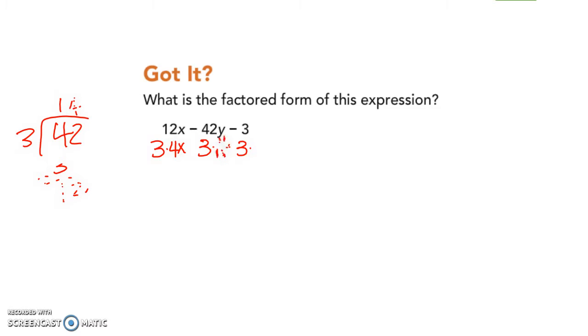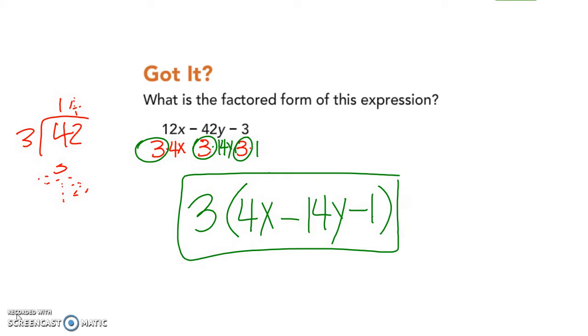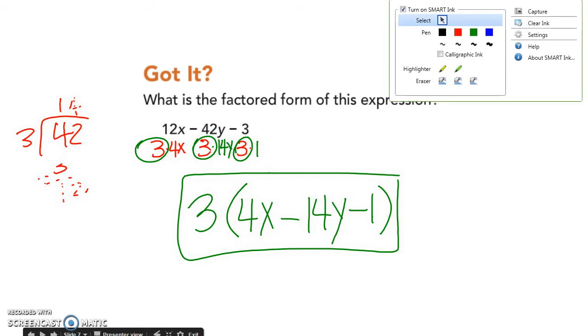Of course, now my pen's not going to write. All right, there we go, 14y. And then 3 times what is 3? 3 times 1 is 3. So now I circle the GCF. 3 goes outside the parentheses. And then I just fill in 4x minus 14y minus 1. Factored form. Okay? So that's distributing and then factoring.